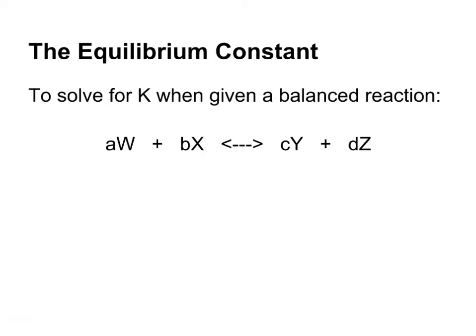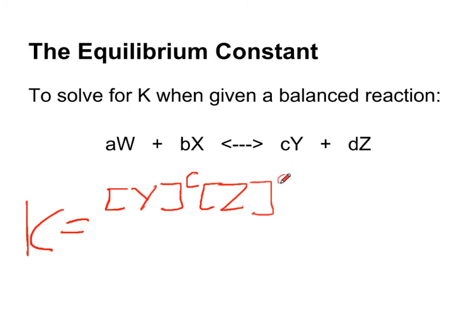So when you're given a balanced reaction, let's just assume this is our general form for the reaction. The lowercase letters are the coefficients, capital letters are the products and reactants. The equilibrium constant is the concentration of the products raised to the power of their coefficients divided by the concentration of the reactants raised to the power of their coefficients.